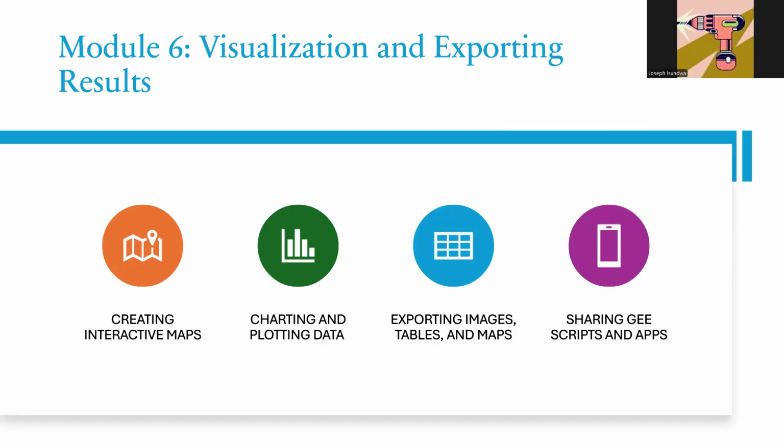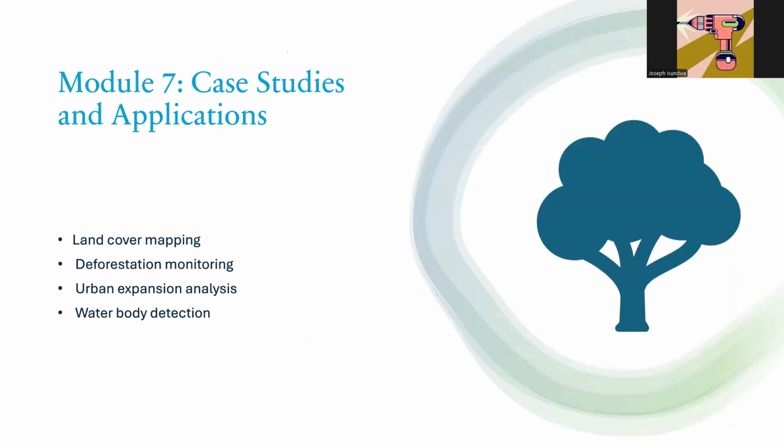This is when it comes, for example, to rainfall. You want to analyze rain or temperature across a certain period. We will chart them. And then we will export images, tables, maybe, and maps. And then we will share custom scripts and apps. Whatever we do, our scripts, we can share them for others to view or maybe work on.